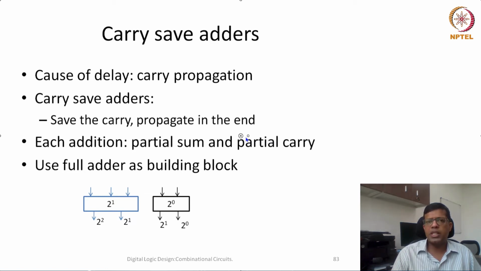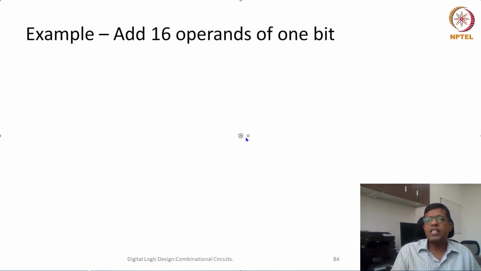So let's take an example where we are adding 16 operands, all of them single bit. So basically we are adding all these 16 operands, and all of them are at units place, or one's place value.